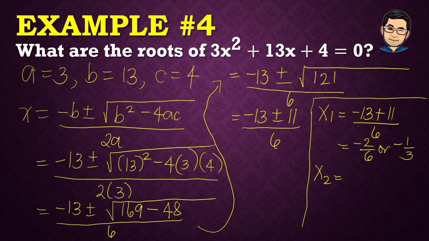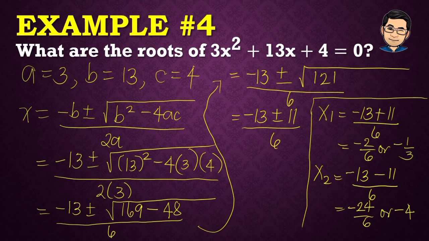And then for x sub 2, negative 13 minus 11 all over 6. Negative 13 minus 11, that is negative 24 all over 6. We can divide negative 24 by 6 without remainder. So our answer is negative 4. So our roots are negative 1/3 and negative 4.